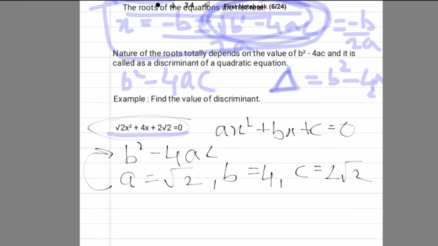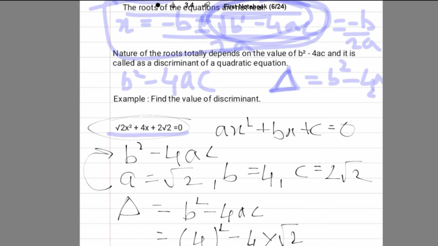Now we can say delta is equal to b square minus 4ac, right? So delta is equal to b square minus 4ac. We are going to substitute these values, that is 4 square minus 4 into root 2 into c, that is 2 root 2.